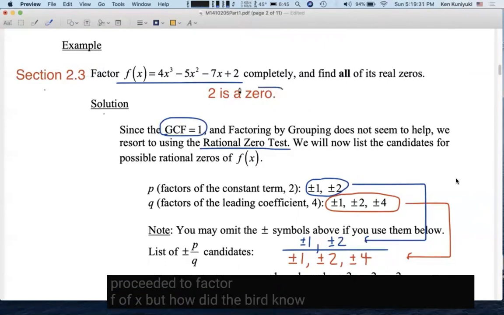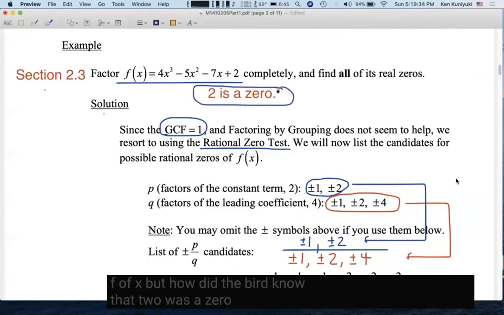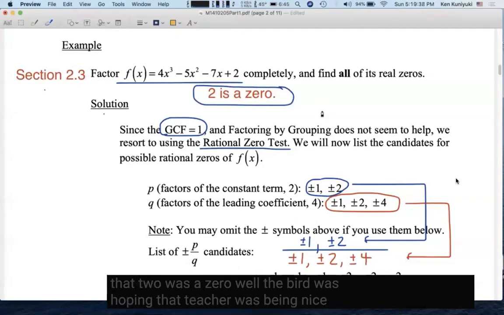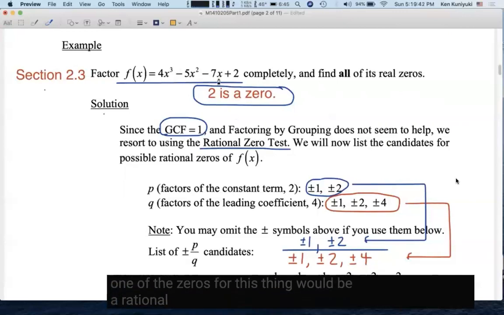But how did the bird know that 2 was a 0? Well, the bird was hoping that teacher was being nice, and that at least one of the zeros for this thing would be a rational number, which is why the rational zero test or rational roots theorem was being applied. So you're hoping that teacher is nice and that at least one of the zeros here will be a rational number.